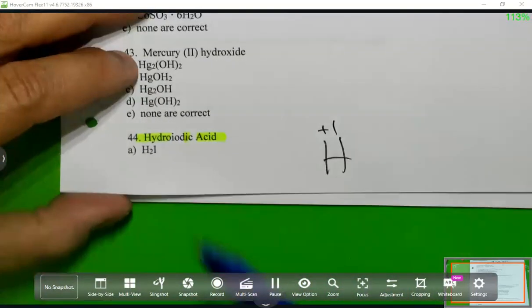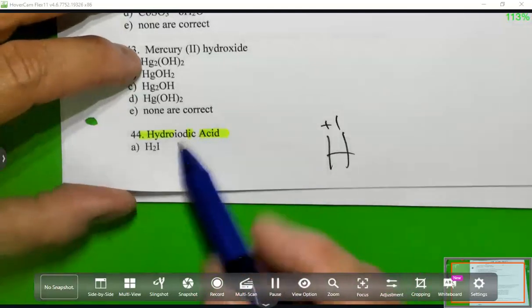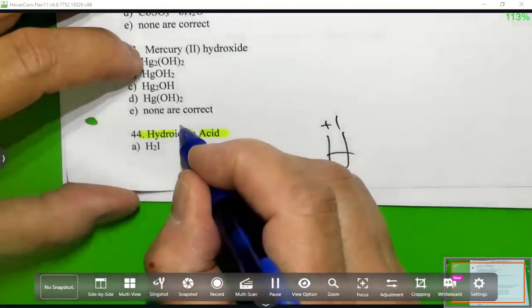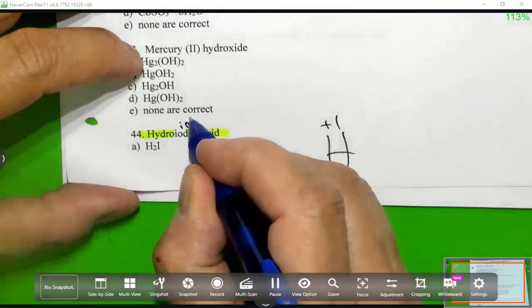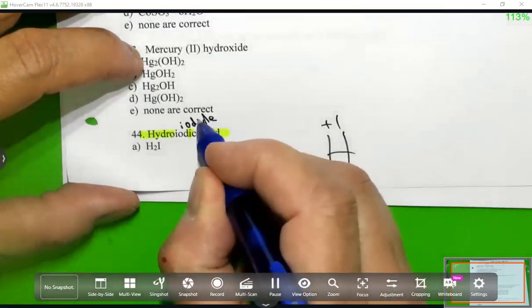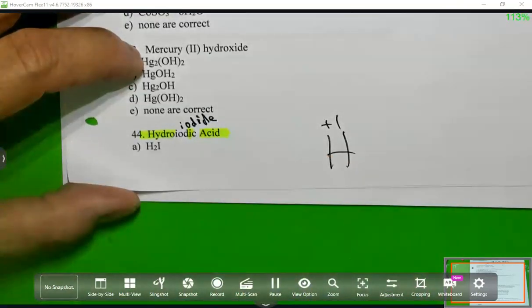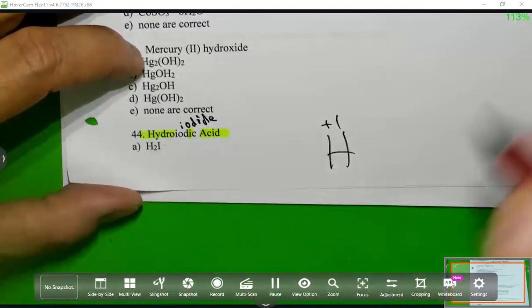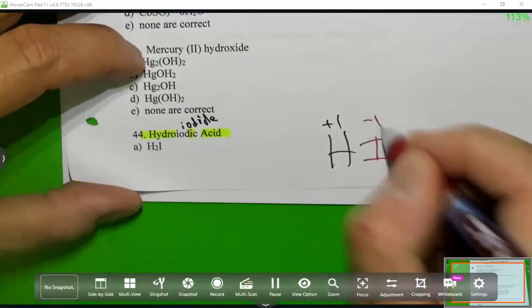This then would be the same as we want iodide. It's the same as hydrogen iodide. Would be the same thing. And iodide -1.